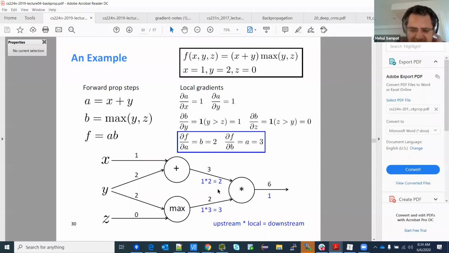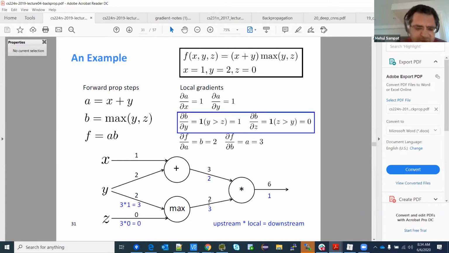Similarly, as you go along this arm, it's 1 times del f by del b, which in this case is 3. So that's why it's 1 times 3. As you go forward, the upstream gradient is 3 and the local gradient is 1, so here it's 3.